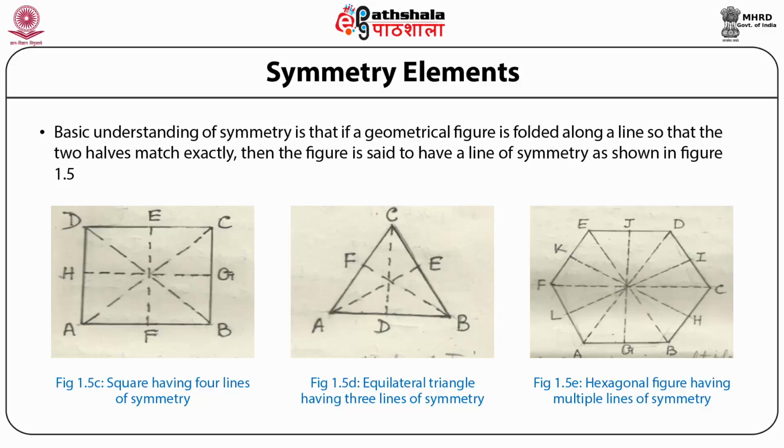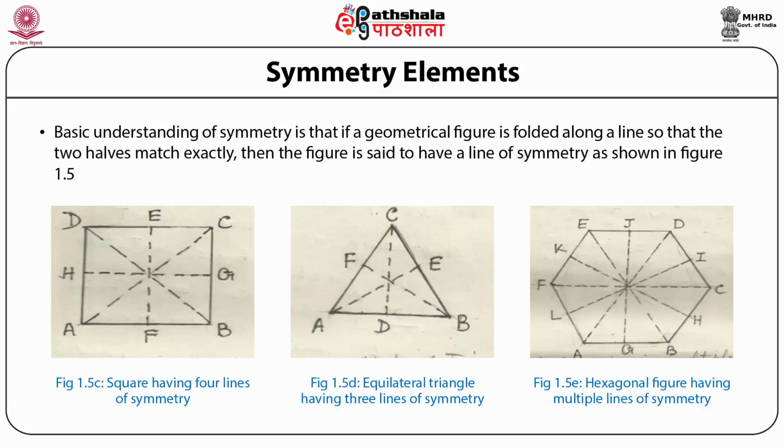Figure 1.5e shows a hexagonal figure having multiple lines of symmetry. It is a regular hexagonal figure with multiple lines of symmetry. For example, if we look at the figure and take GJ as a line, GBCDJ is the mirror image of GAFEJ.